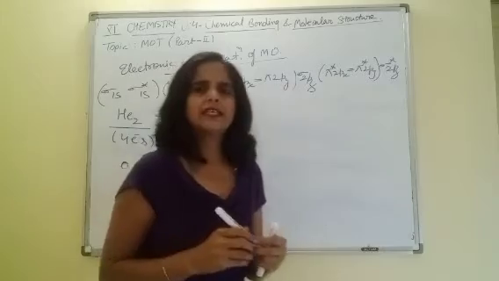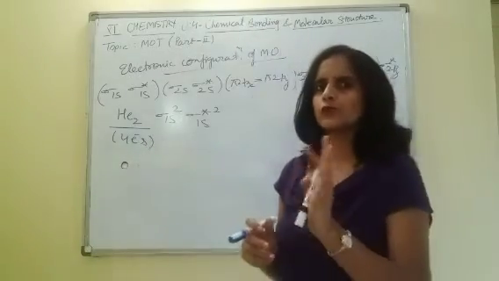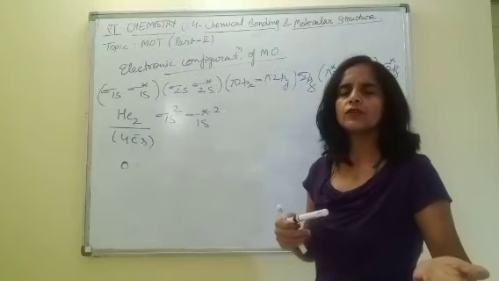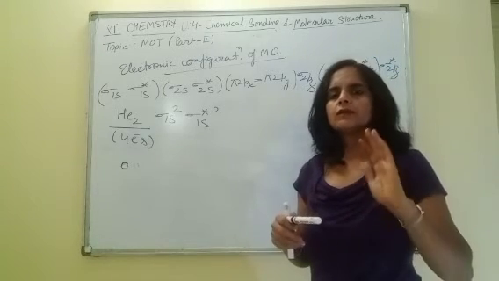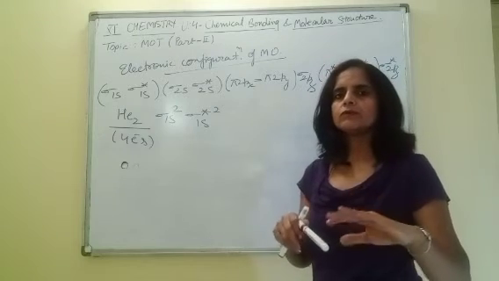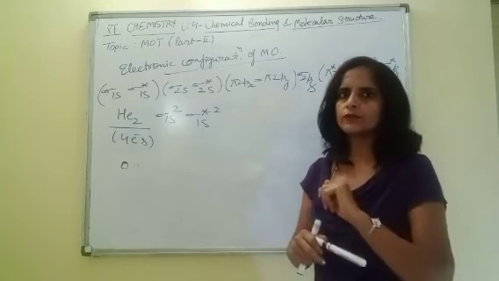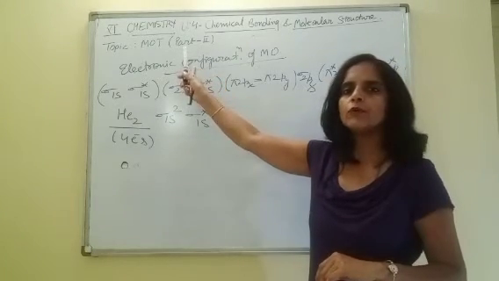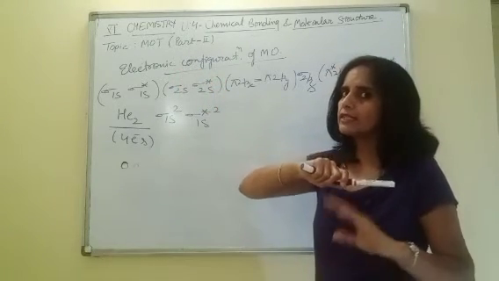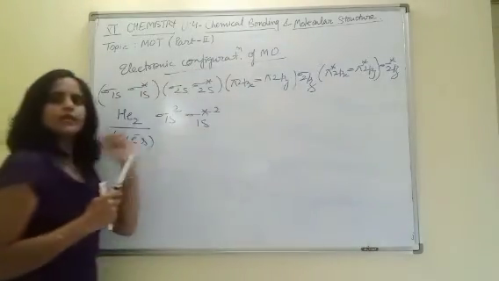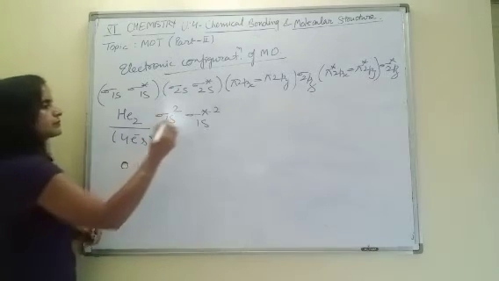I think here you must be confused to some extent. You may ask, ma'am, helium is a noble gas, how is it making a molecule? So dear, whether helium molecule is going to exist or not, we will tell by using MOT. MOT will answer whether this will exist or not. So now we write its bond order.